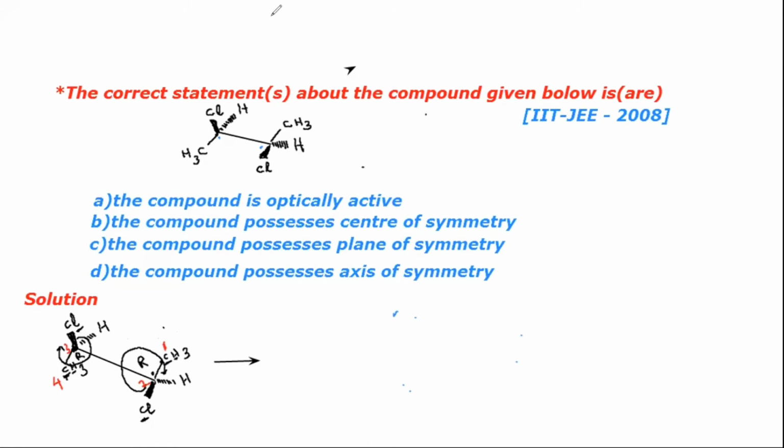Now, write the carbon chain vertically like this. And chiral carbons are represented as crosses like this. Now arrange groups. On the first carbon, methyl is present.